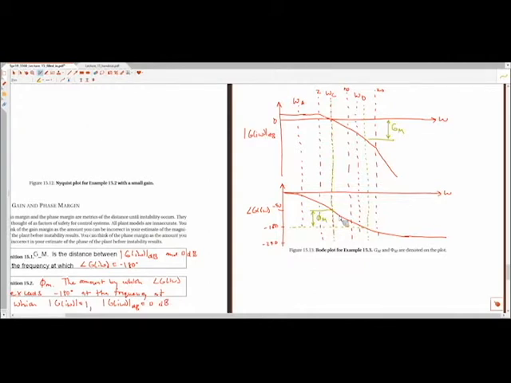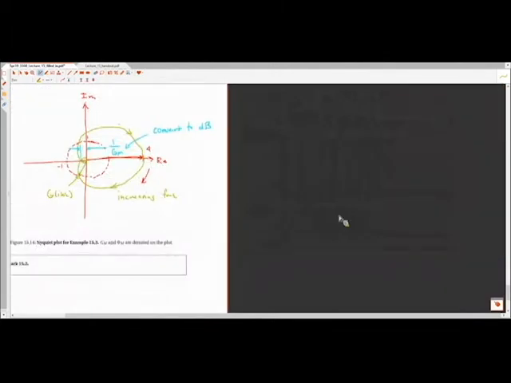Okay. And then on the Nyquist plot, what we're doing is we're looking at when the Nyquist plot crosses the unit disk, because when it crosses the unit disk, that is when the magnitude is exactly equal to 1. And let me move something around really quick, because I drew this in the way of a line I'm going to draw in a second.